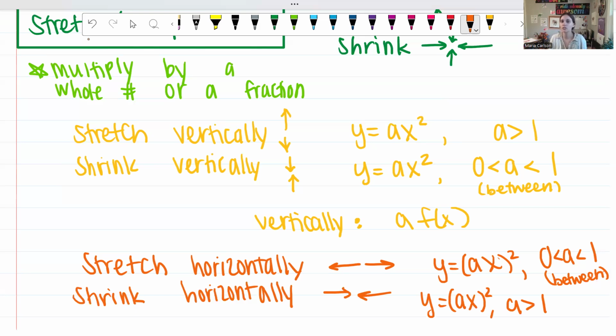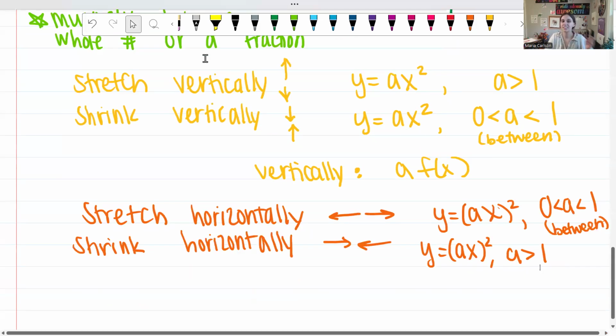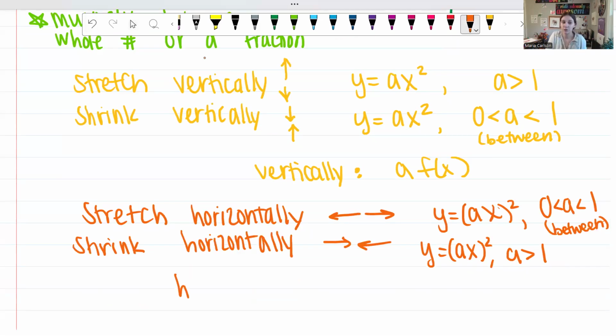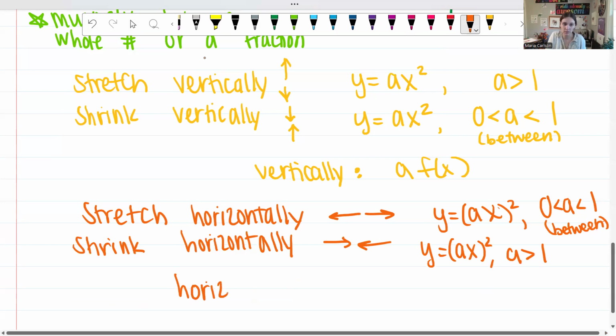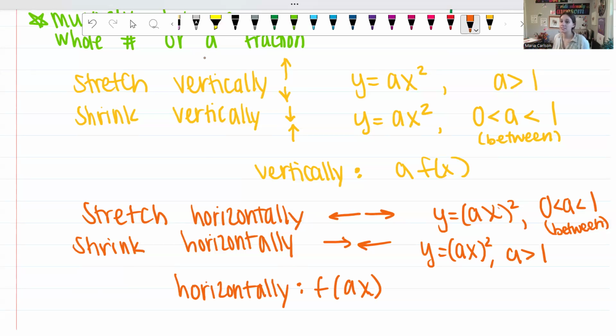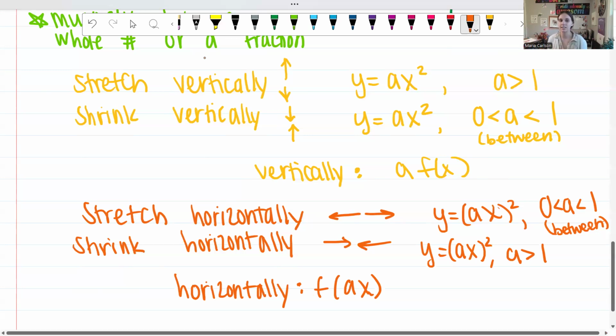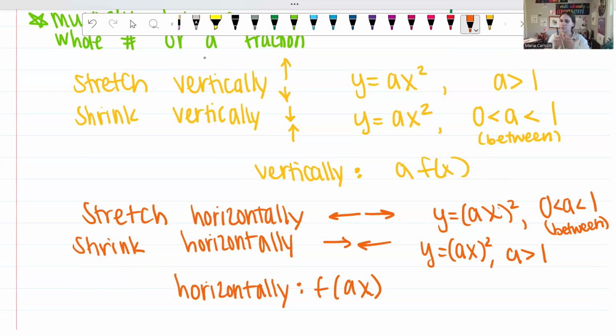And again, these horizontal ones are less common, but if you are stretching or compressing horizontally, you are going to multiply some number in with x. This is like f of a times x. And if a is a number bigger than 1, it's going to shrink horizontally. Or sorry, if it's between 0 and 1, it's going to stretch horizontally.